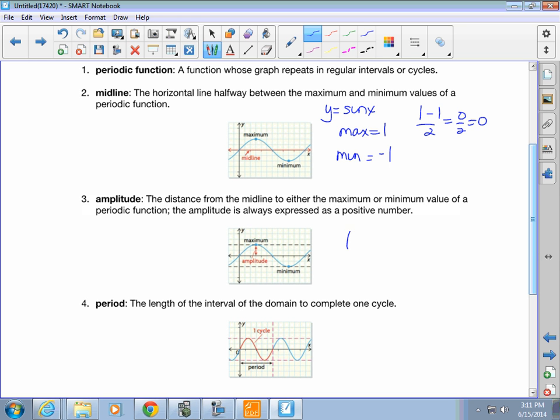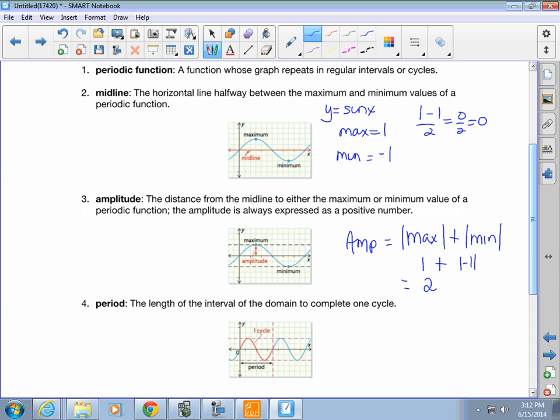So your amplitude is equal to the absolute value of your maximum plus the absolute value of your minimum, divided by 2. In this one my maximum was at 1, my minimum was at -1, so it's equal to 2 over 2, which is 1. The absolute value of -1 is just 1.